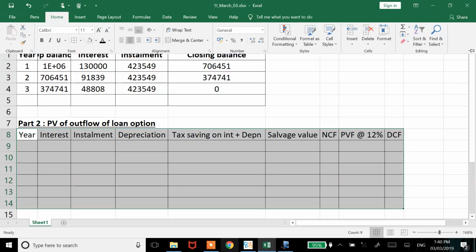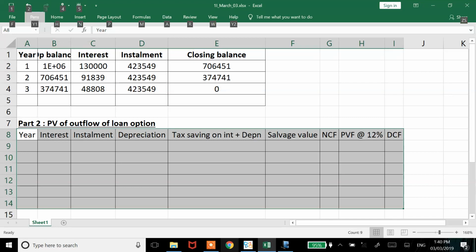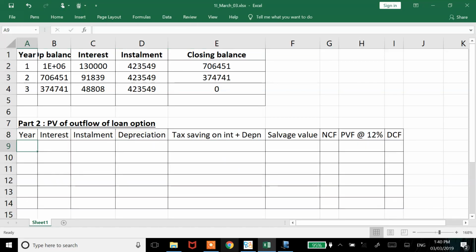Earlier it was year, interest and principal, now it's interest and installment. You will need a year 4, I'll explain why year 4 in some time.